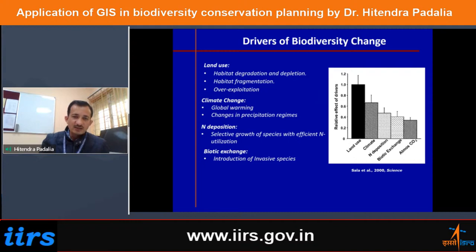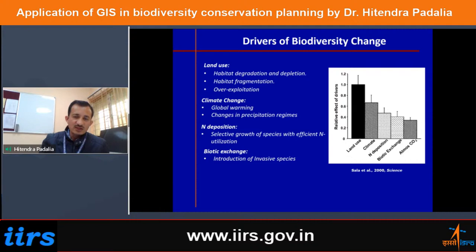And not only has the habitat been reduced in size, but it has also become patchy and fragmented. So this is a major cause of loss in the habitat of these species.